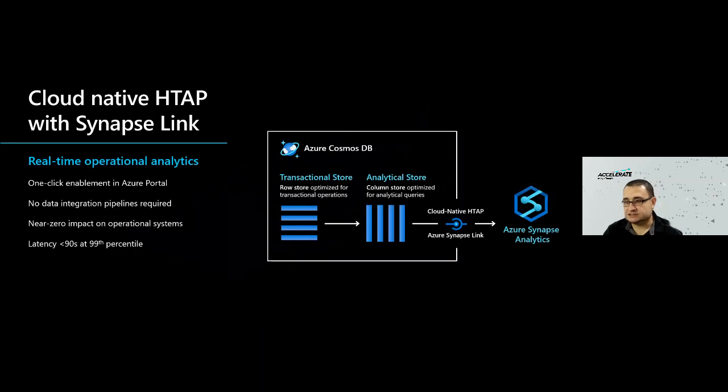So this is the HTAP, or hybrid transactional analytical processing, that Azure Synapse has incorporated into their offering. And again, no need for complex ETL pipelines. You can query your transactional data in real time without putting that ETL process in between. So that's really, really powerful in my opinion.